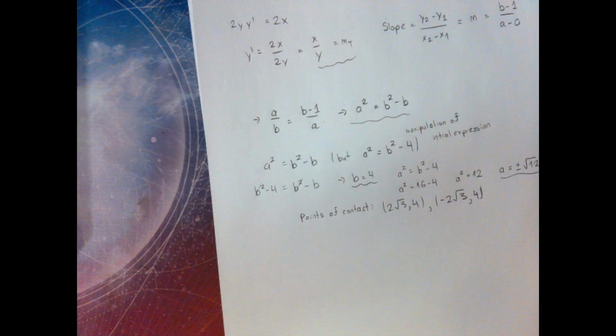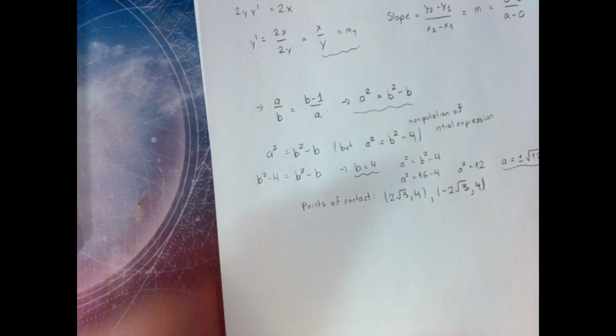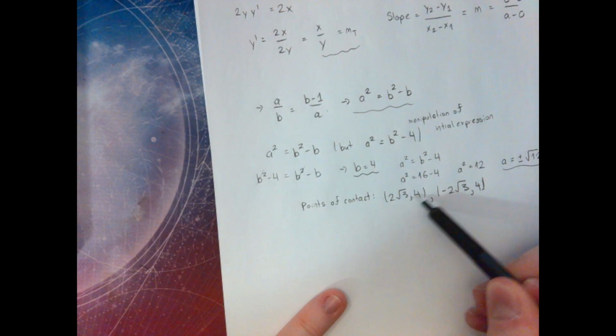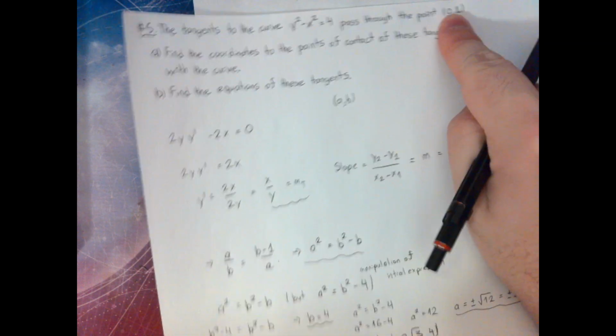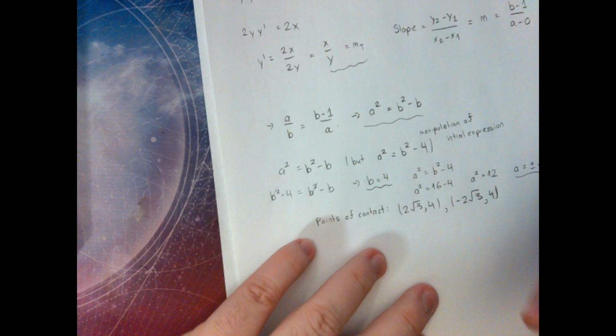We just need to find the equations of these tangents, and obviously the numbers are not as pretty as you would get them in grade 9, but we have a point through tangent number 1 and tangent number 2, and we have a point that they both share, (0, 1). So that's what we need to do.